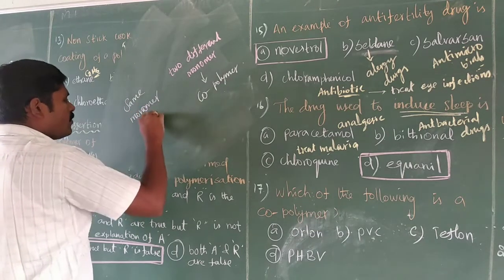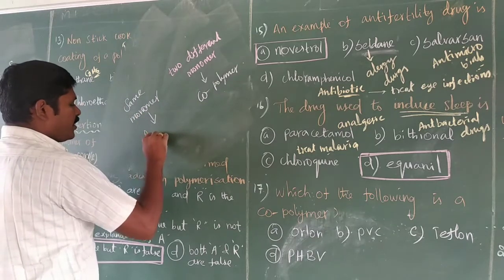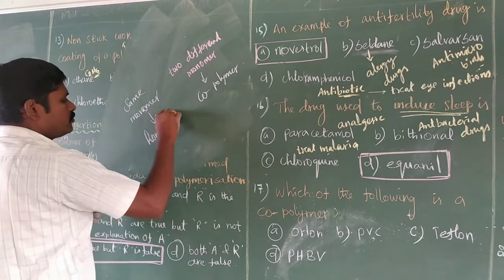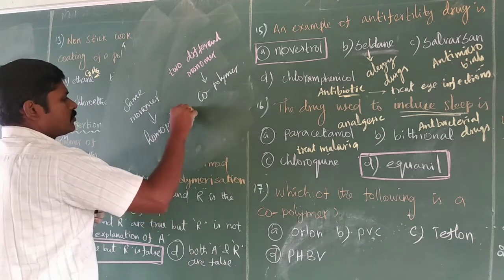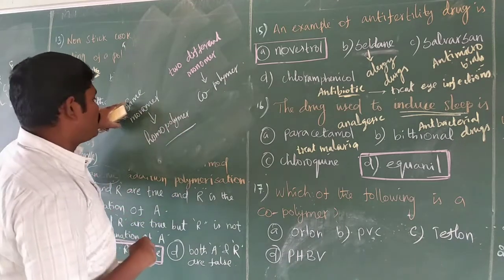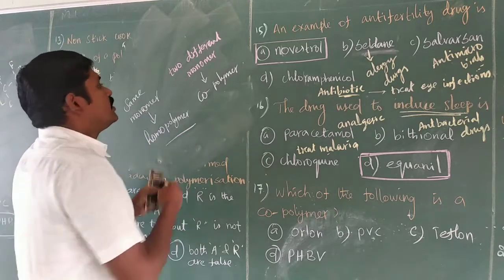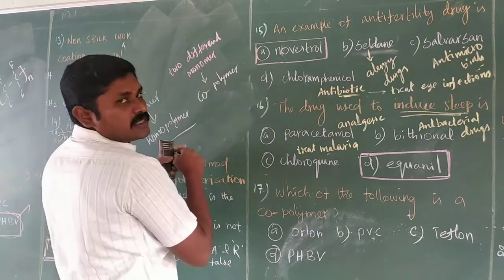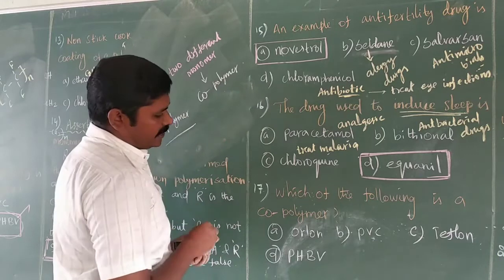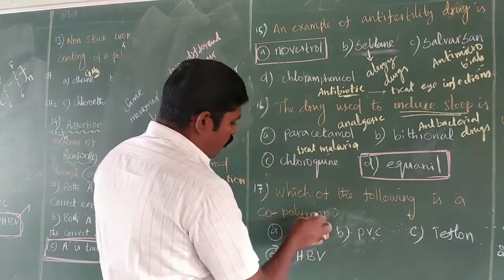The same monomers give a homopolymer. If the monomer is the same unit, that polymer is called a homopolymer. If the monomers are different, that polymer is a copolymer. Which of the following is a copolymer?